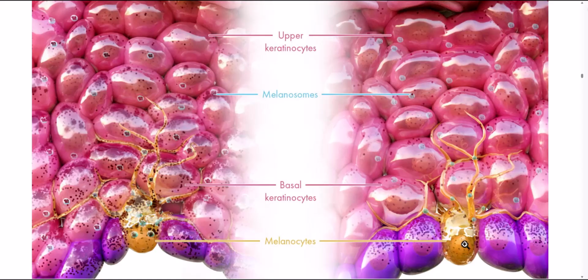In a person who has a lighter form of melanin, those granules are still being formed, but the color is not as significant. You and I and everyone in this audience listening right now have essentially the same number of melanocytes. The difference, though, is what form of melanin did you inherit from your parents?